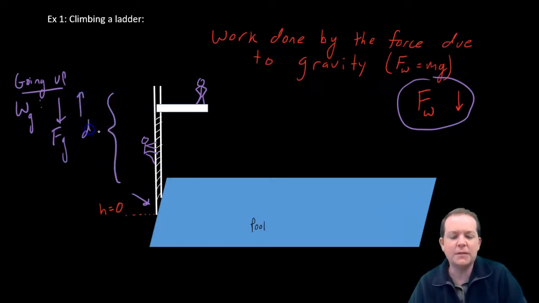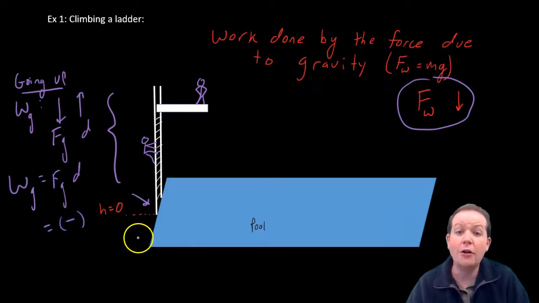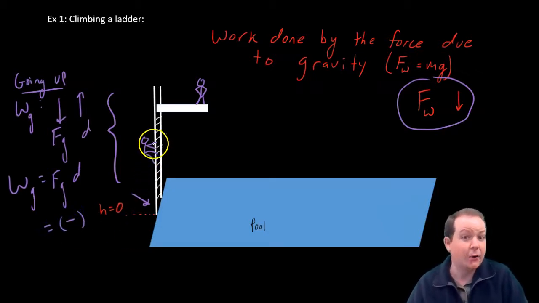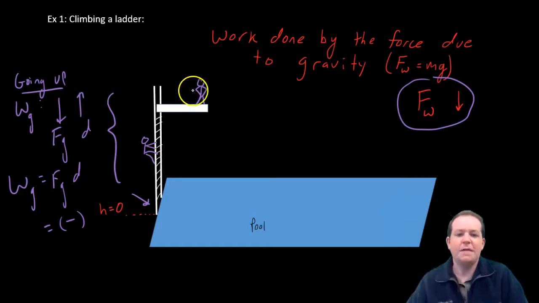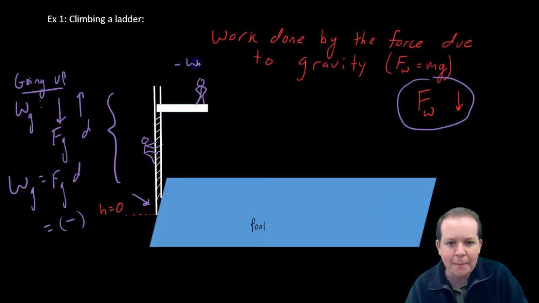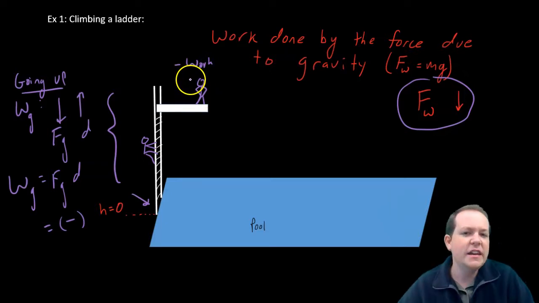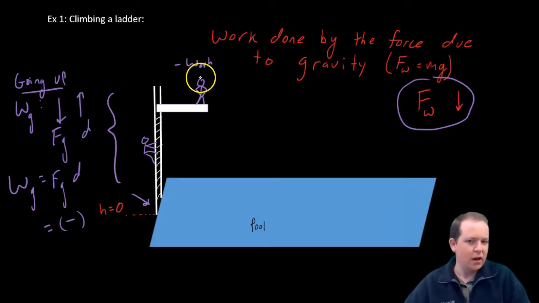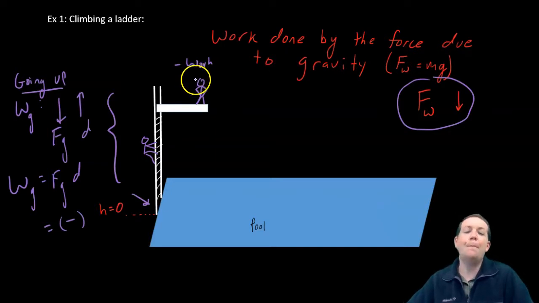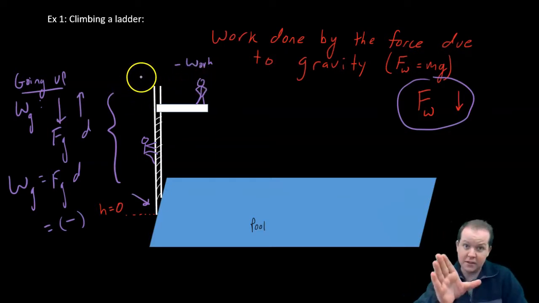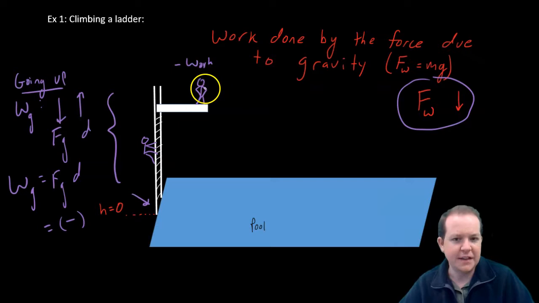The displacement was upwards. So remember, work is equal to force multiplied by d. It would be negative on the way up. So as they climb higher and higher, they get to the top, they have some negative amount of work. Okay, could I undo that somehow? Could I all of a sudden have positive work from this force on this person?